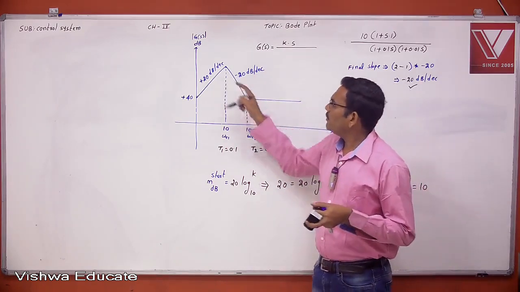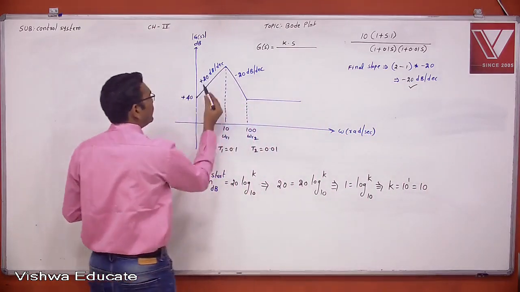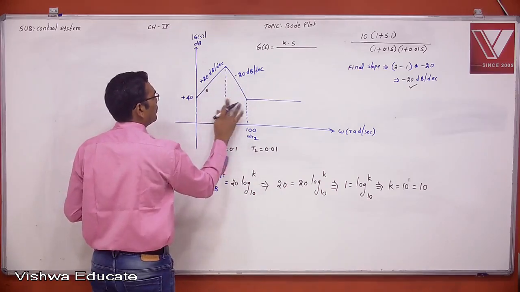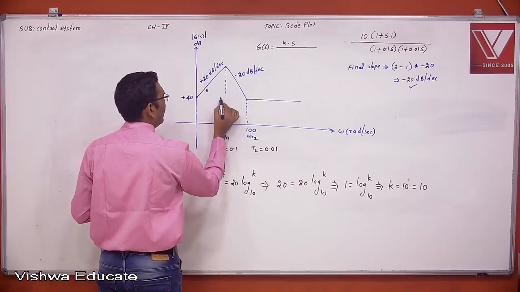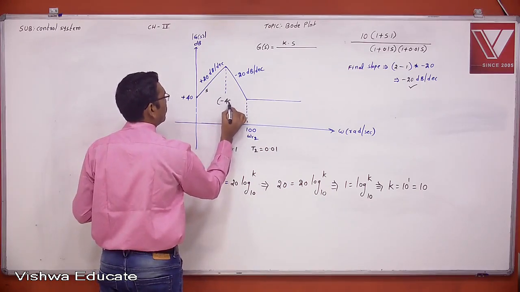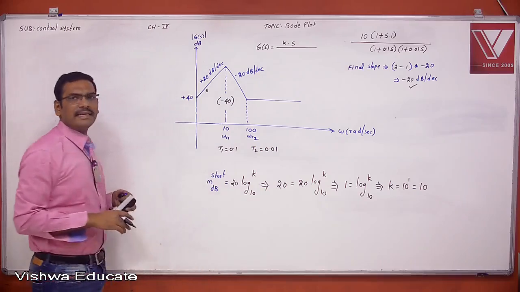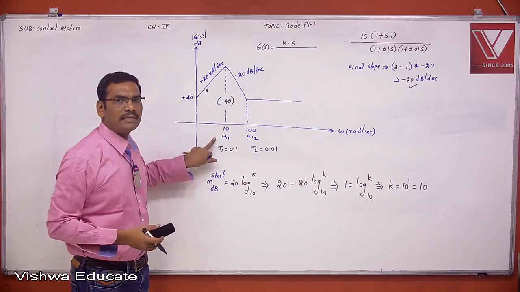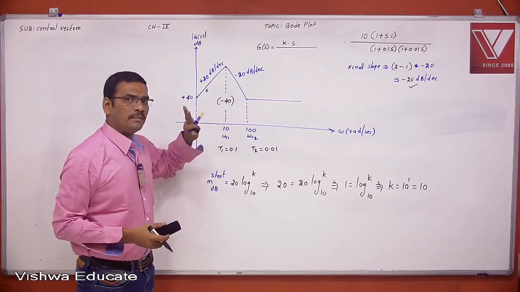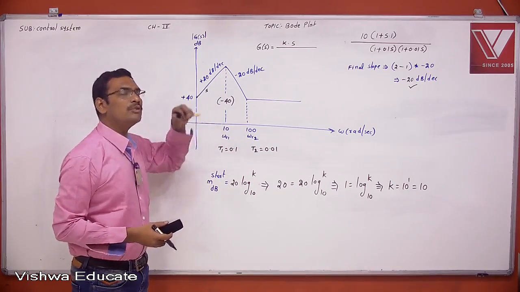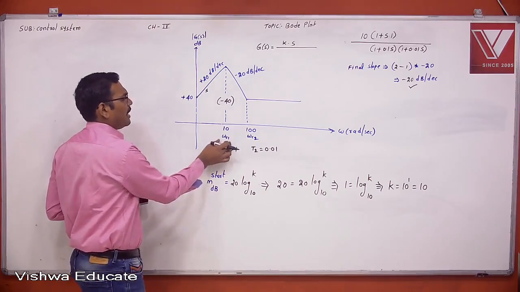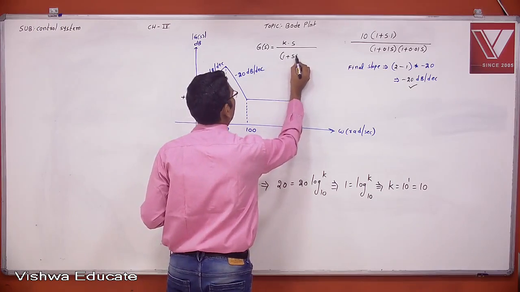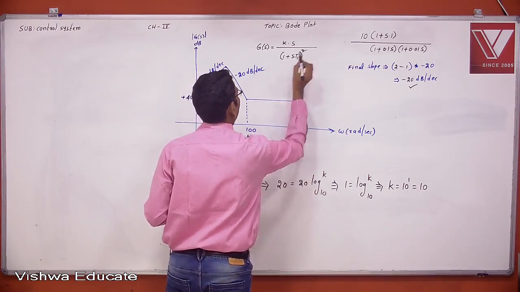Now see here. The plus 20 dB per decade will become minus 20. Plus 20 becoming minus 20 means how much is added? We have to add minus 40. Who will produce minus 40 at a corner frequency? A minus 20 means a simple pole, but minus 40 means 2 simple poles. So at this corner frequency there are 2 simple poles, which means 1 plus sT1 whole square.